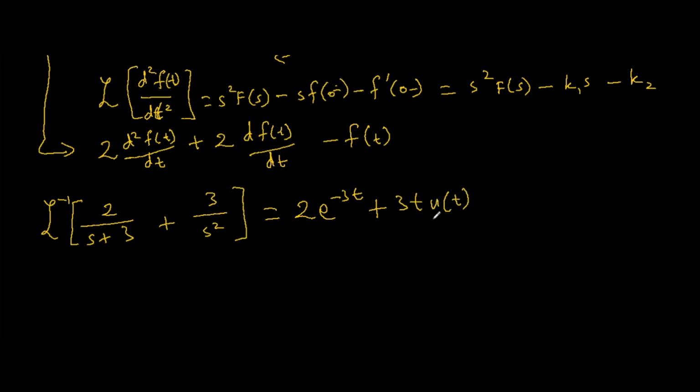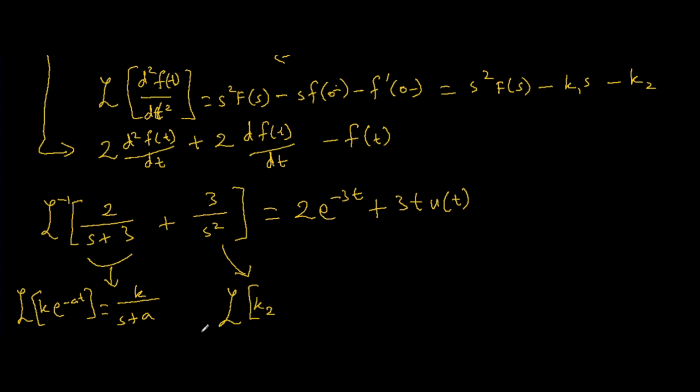And that's our expression. Note that, maybe I should actually go ahead and write this. This looks very much like the Laplace transform of k e to the power minus at, which is equal to k over s plus a. This other expression, on the other hand, is very similar to the Laplace transform of another constant. So maybe let me call this k2, just so that we don't mix it up with this k we had in the previous one.